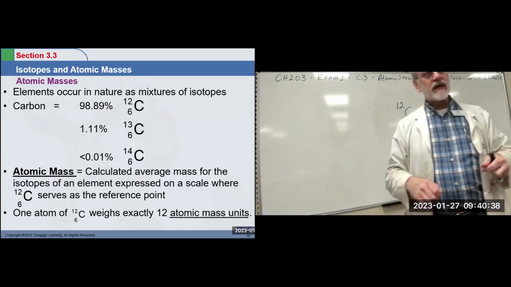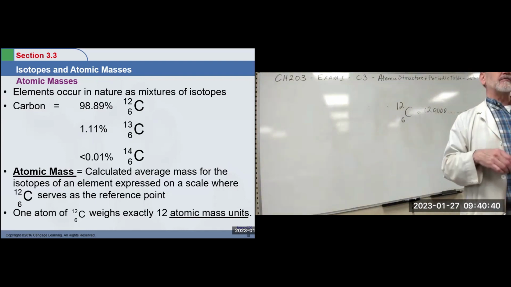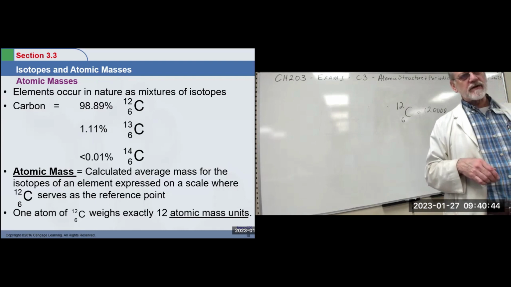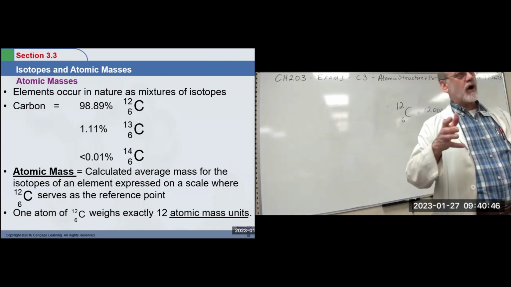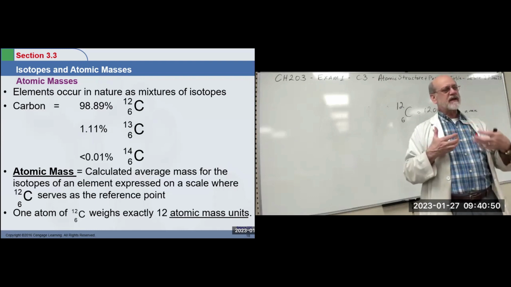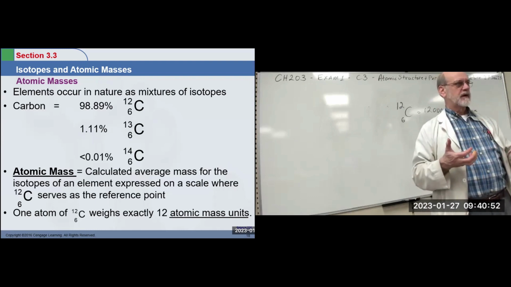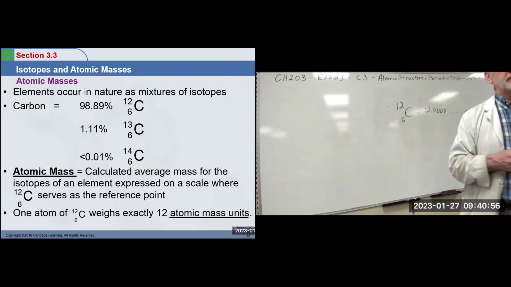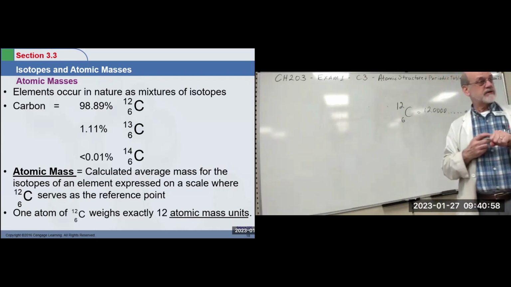Now, if we want to calculate the atomic mass of naturally occurring carbon and take into account all its isotopes, we need to think of it like you calculate your GPA, right? That's a weighted average, isn't it?